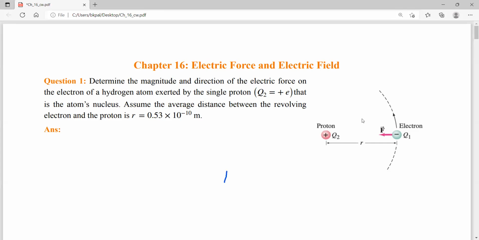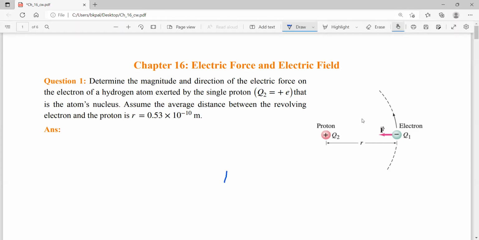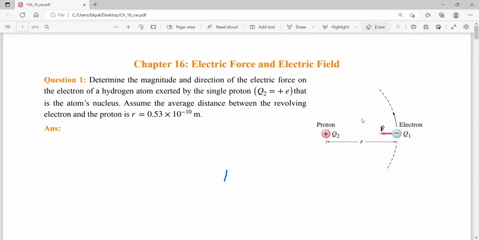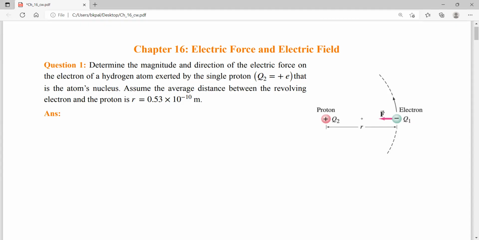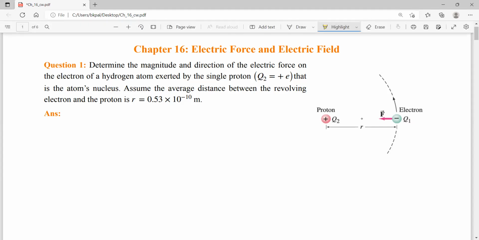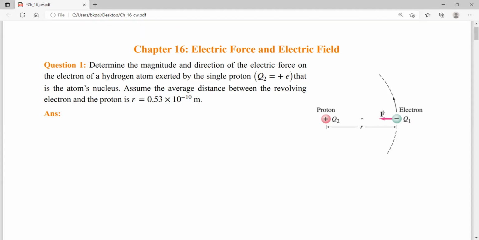It asks us to find the magnitude and direction of the electric force. Okay, so the given stuff here are the charges.